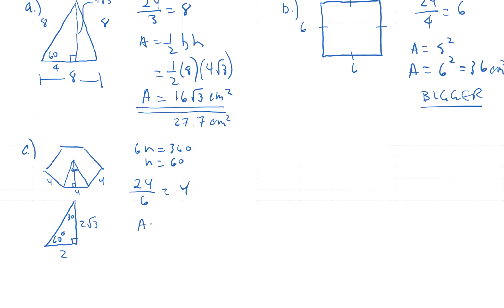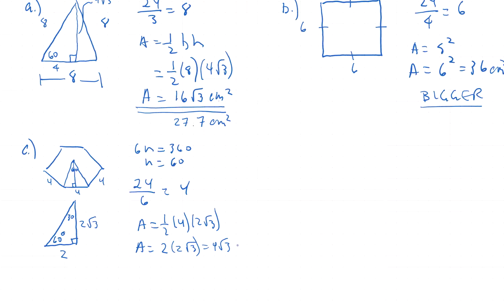So the area of one triangle is going to be 1/2 the base, which is 4, times the height, which is going to be 2 root 3. And then half of 4 is 2, and then times 2 root 3, that's going to be 4 root 3.